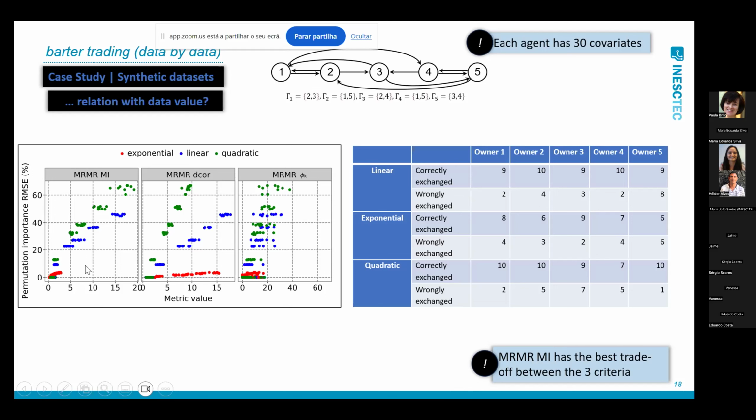For the distance correlation, we also see it. But for the FIK, we have high dispersion of points, so it suggests that FIK is not a good idea. Between mutual information and distance correlation, mutual information is faster, so it's our choice.